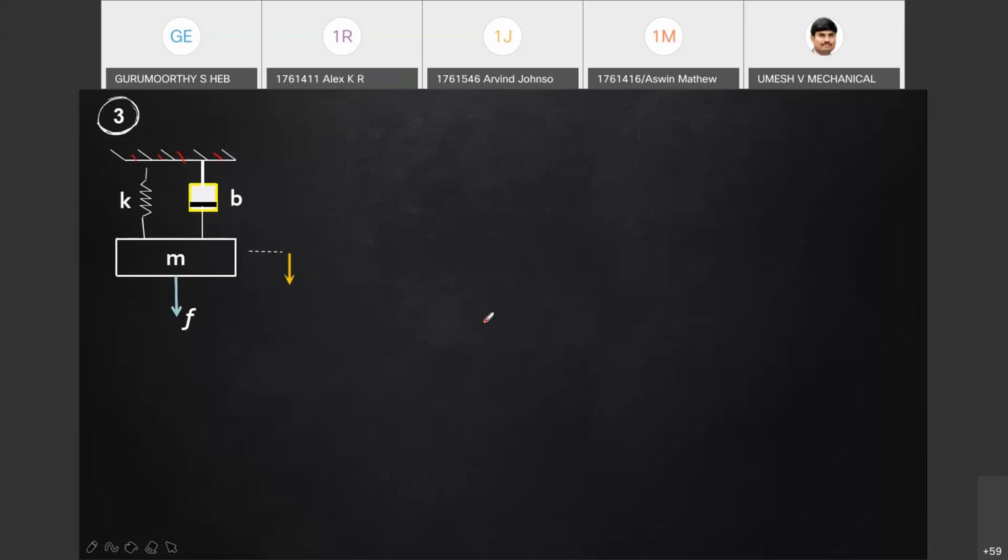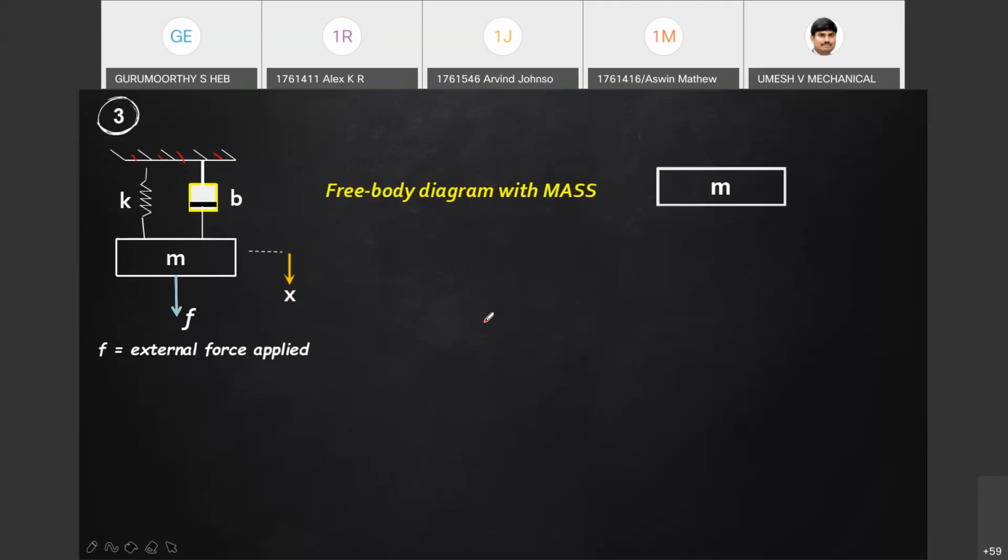Yeah, then the only change in this problem is an additional force. So the free body diagram has one force which is external in the downward direction.